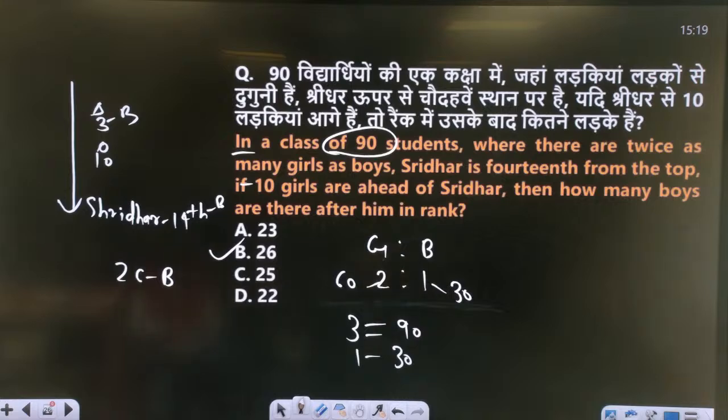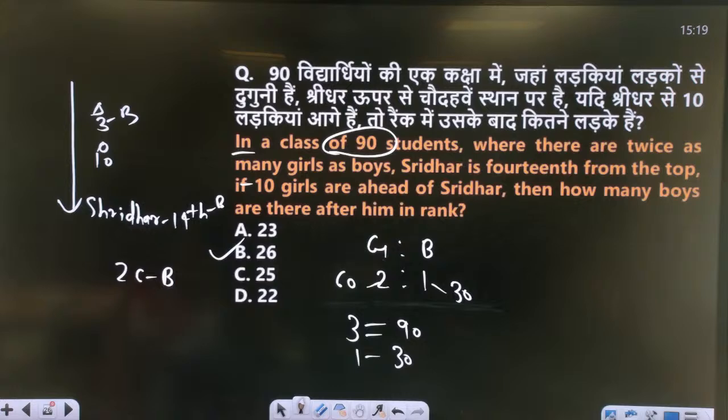60 girls. 26 minus Sridhar. Why will you subtract 1? No, Sridhar is also a boy. First I got 30 boys. Sridhar is 14th.